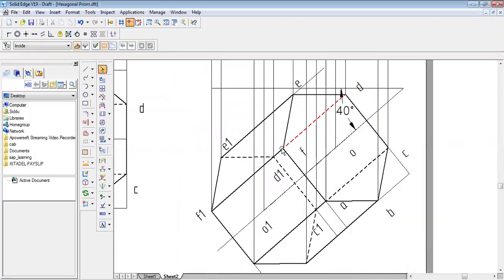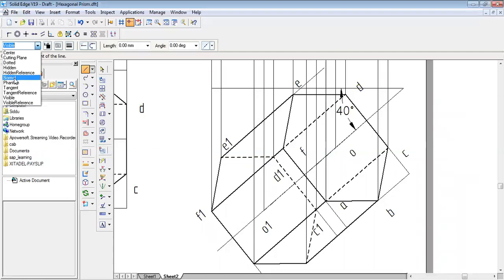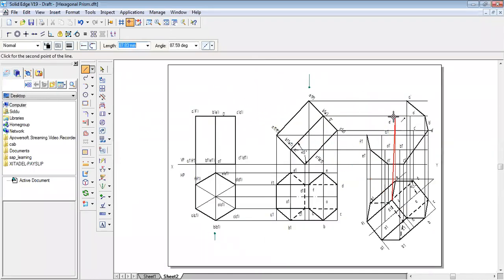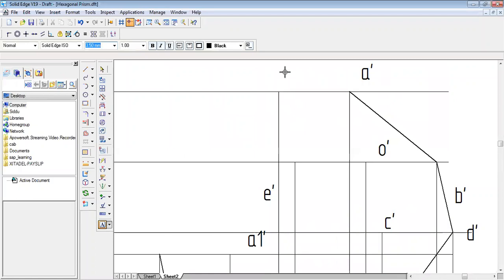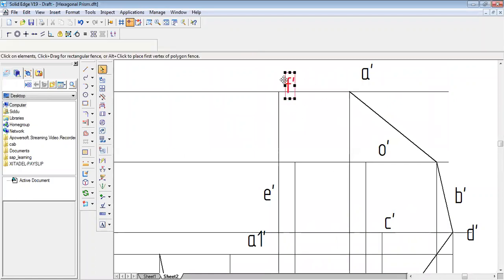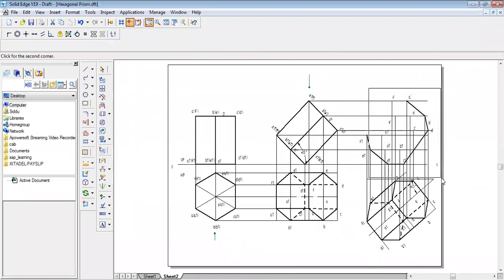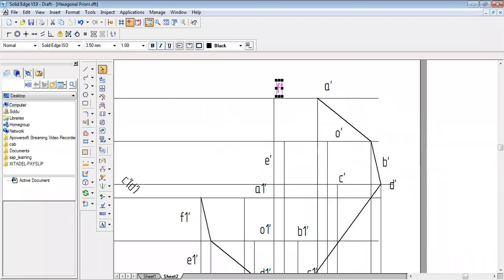Here is F dash, right? So now we'll check once again.